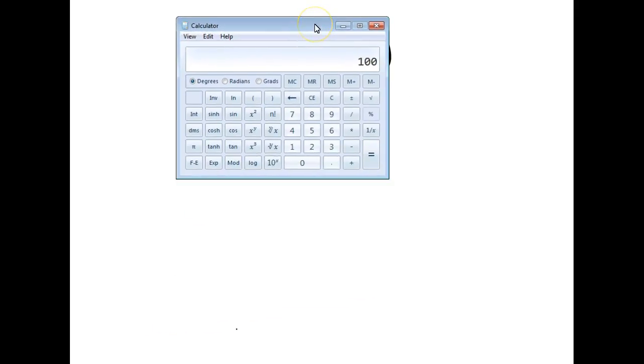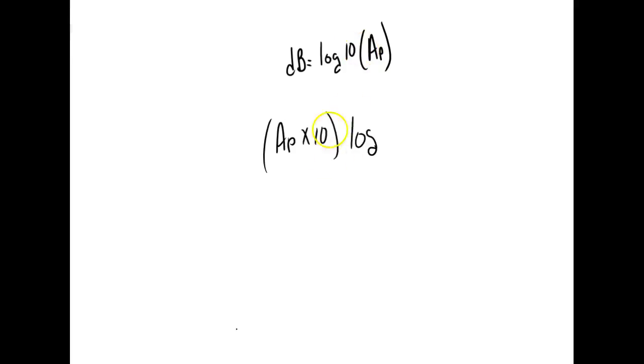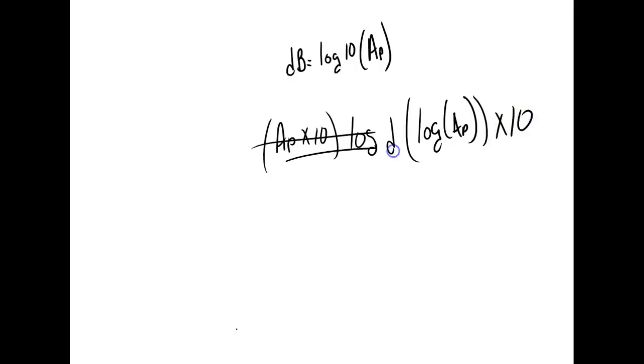So what we do is we take the log, and then we multiply that times 10. This is what we'd actually do. We take the log of AP, and then we multiply this times 10.